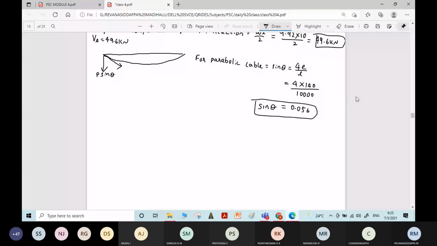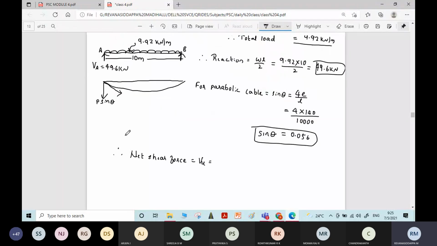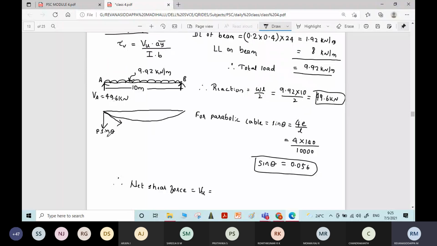Therefore, P sin theta value will be, or else directly calculate the net shear force. Therefore, net shear force VU at the support is equal to VA minus P sin theta.